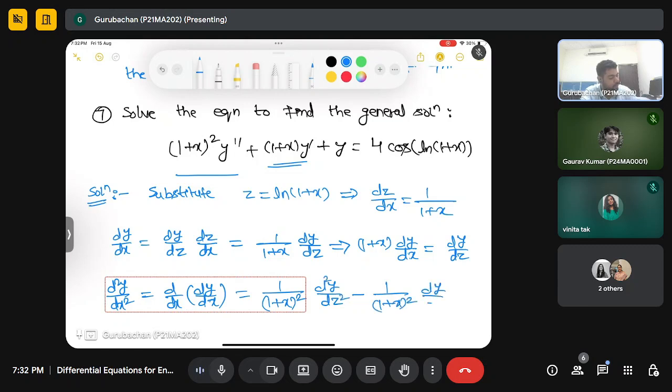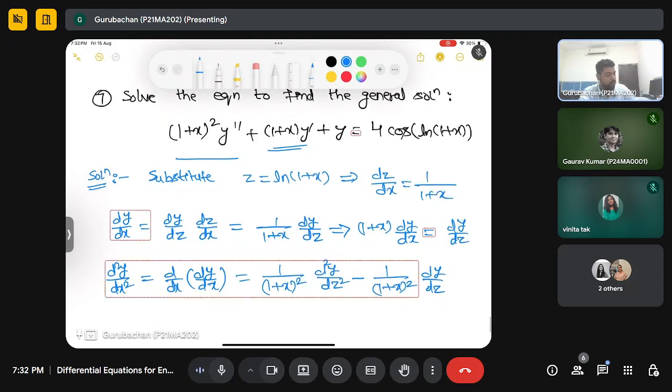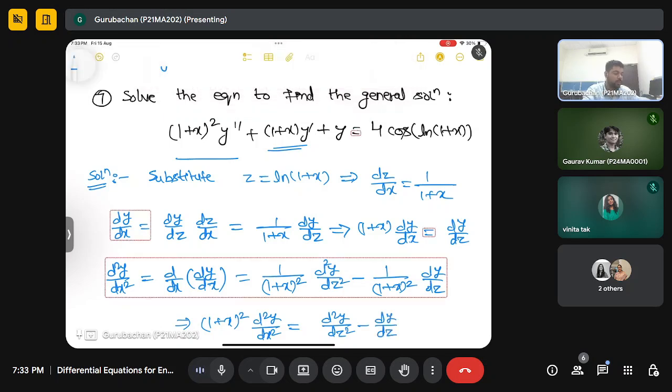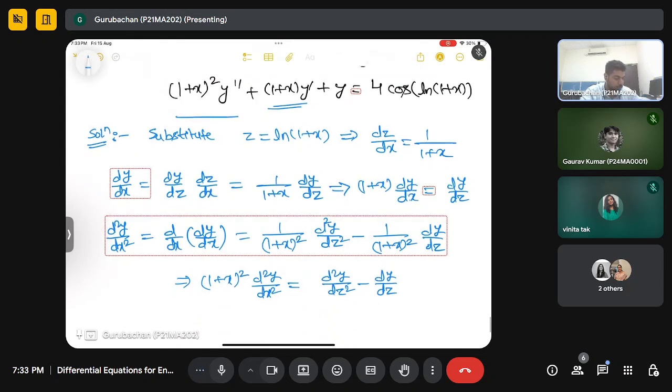So 1 plus x whole square d2y by dx square will be d2y by dz square minus dy by dz. So it is clear. Now you can convert this variable coefficient Cauchy-Euler equation into a constant coefficient second order linear ODE.